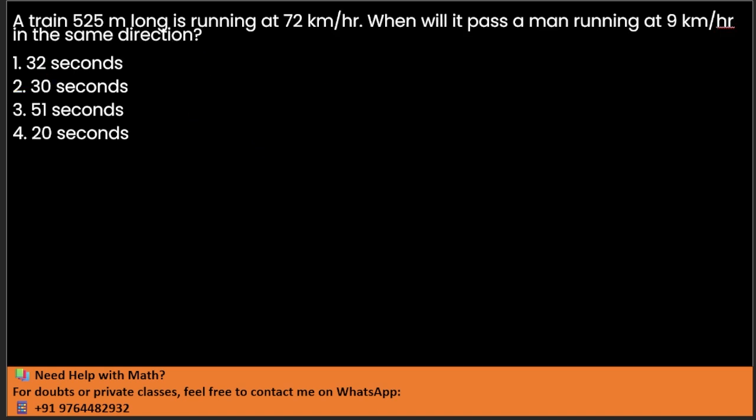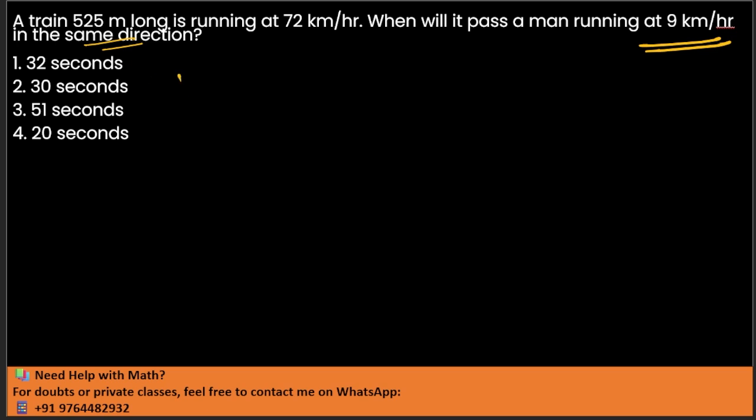Now the next question. A train 525-meter long is running at 72 kilometer per hour. When will it pass a man running at 9 kilometer per hour? Now the object is also moving, and it is moving in the same direction, and we need time.